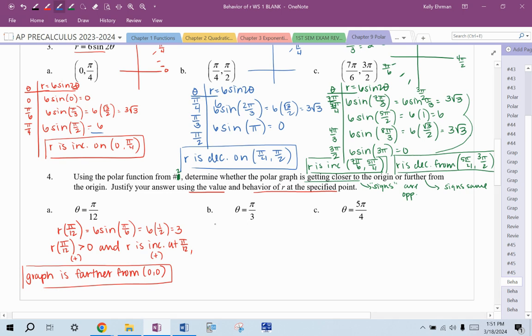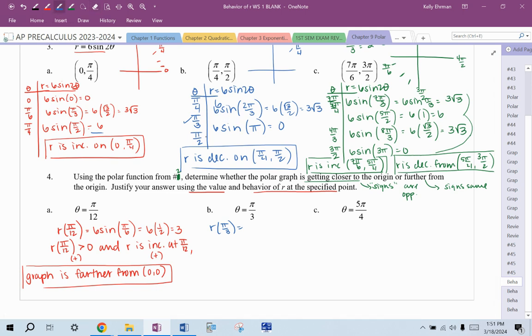Okay, what about pi over 3? So pi over 3 I did plug in here. So r of pi over 3, when I plugged that in, I got 0. So now, if I got 0, that's not positive or negative. That's equal to 0. So what's happening there? Well, oh no, wait, sorry, I didn't get 0. Somehow this got shifted around.